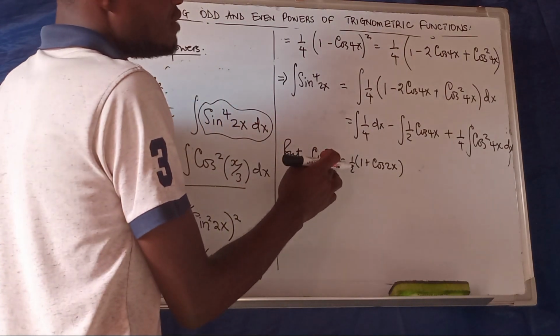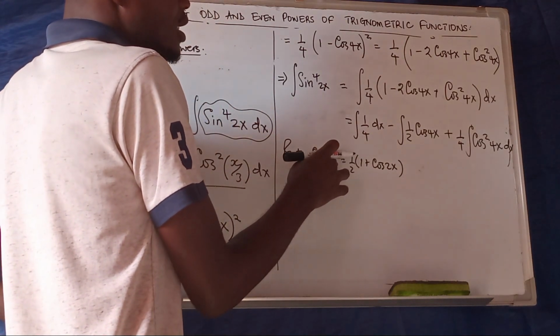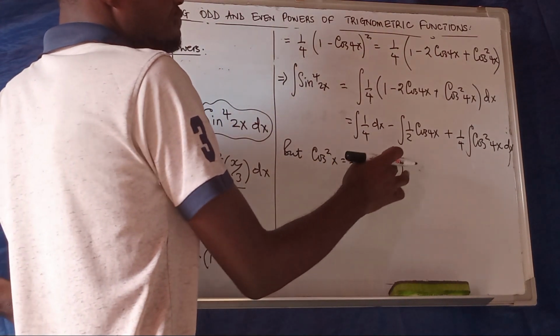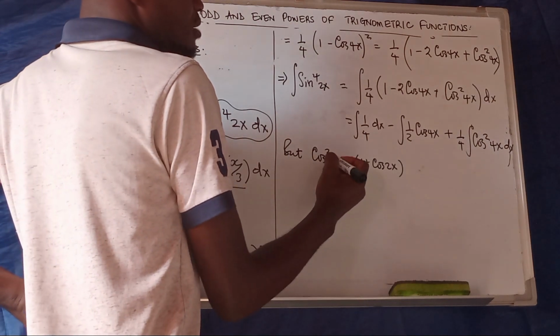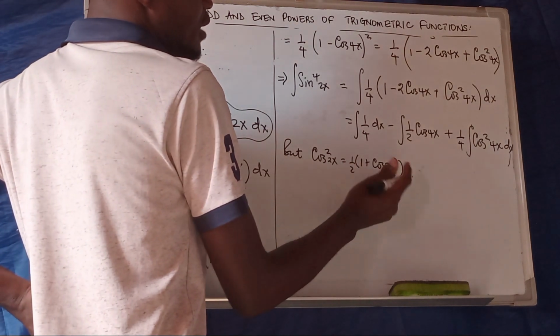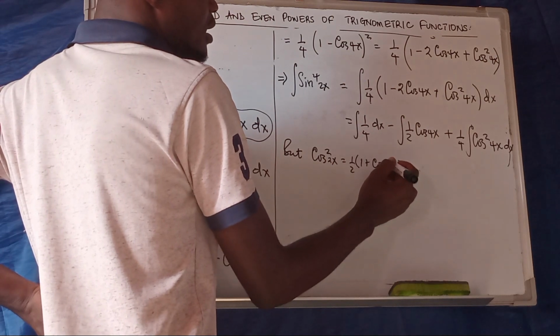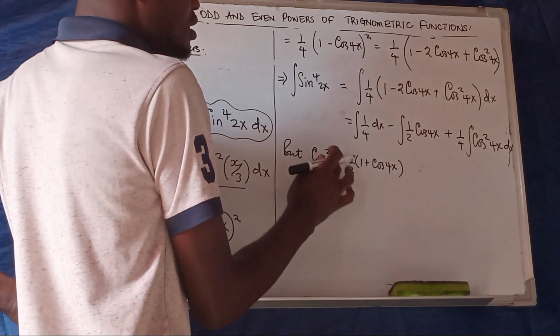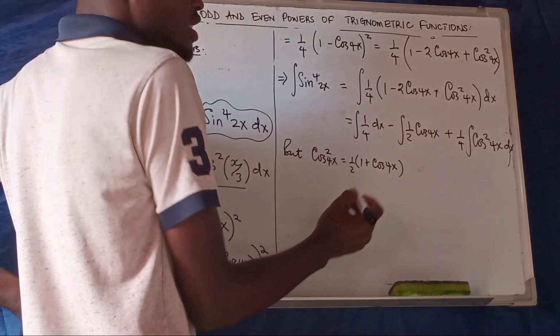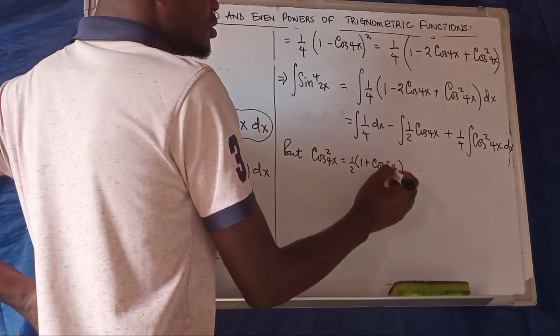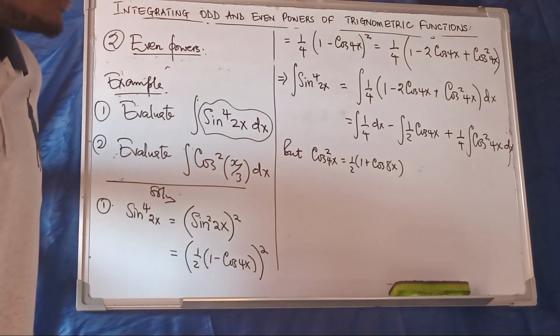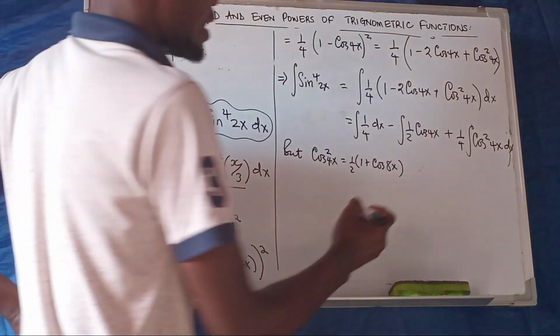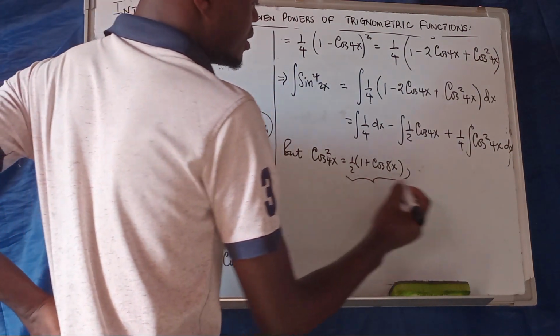So whenever you have x here, we have double angle here. When I double the angle here, this angle also is doubled. So if I have 4x here, this angle will change to 8x.